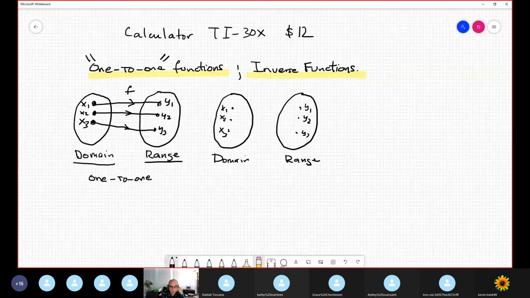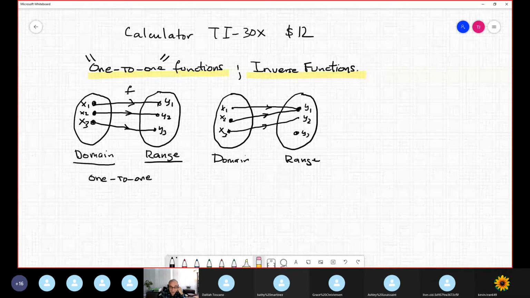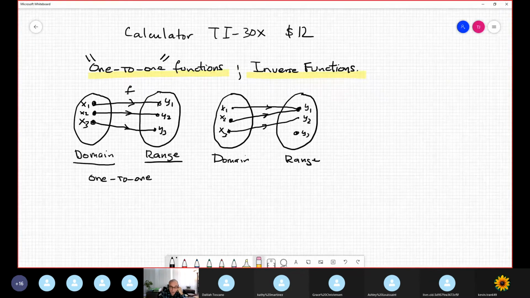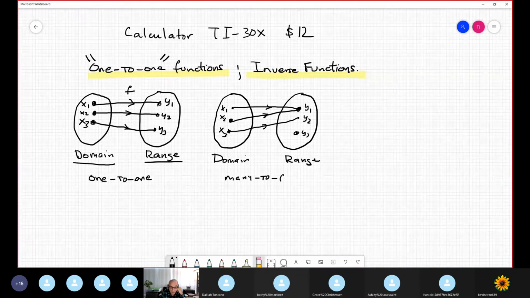Suppose that you associate this and this. You associate this and this. And you associate maybe this and this. And this, nothing. Nobody. This is a typical many-to-one function.